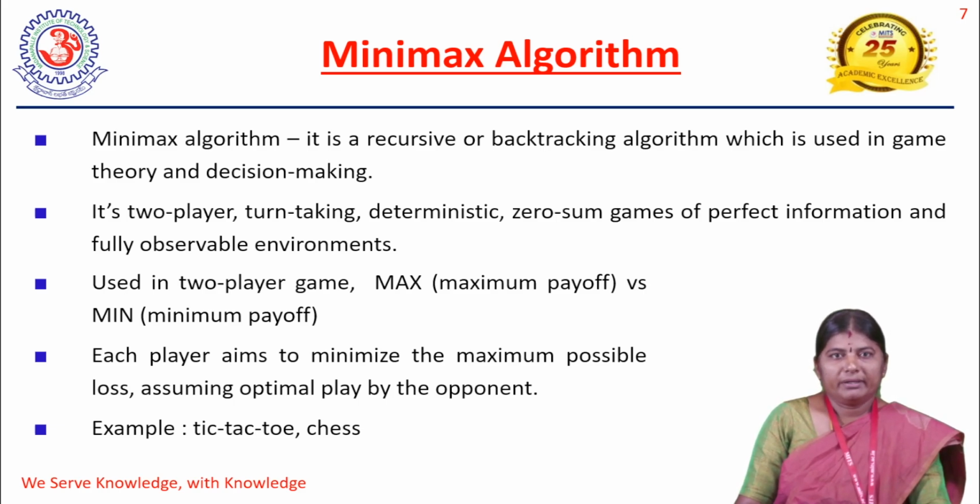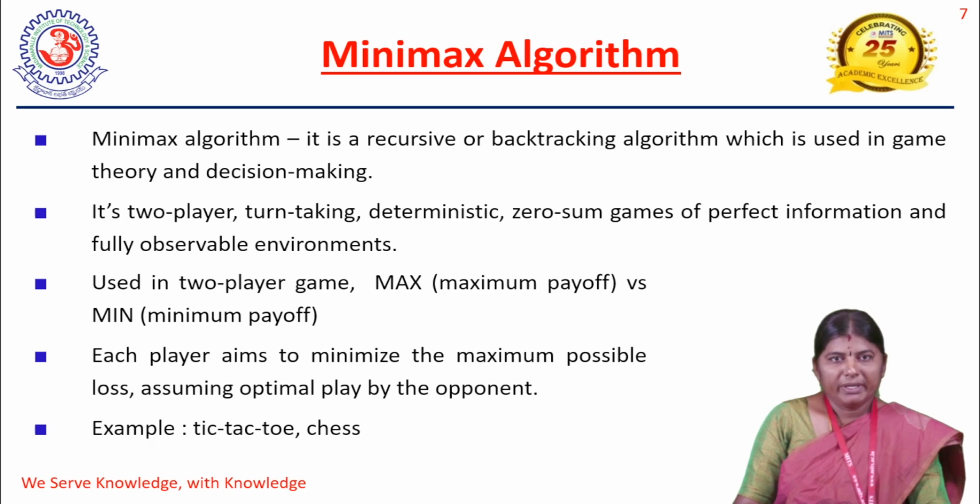It's a two-player game. In the Minimax algorithm, the players are called max and min. The max player aims to maximize his profit. At the same time, the min player's goal is to minimize his loss.